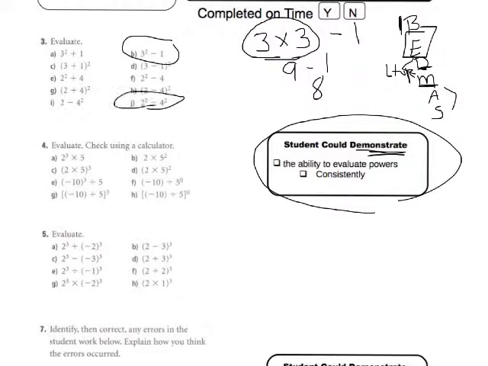Try a little bit more challenging one. 2 to the power of 2 is 2 multiplied by 2. And then we're going to subtract 4 multiplied by 4, which is 4 squared. Remember, left to right, we have to do all multiplication before we do any subtracting. So we get 4 minus 16.